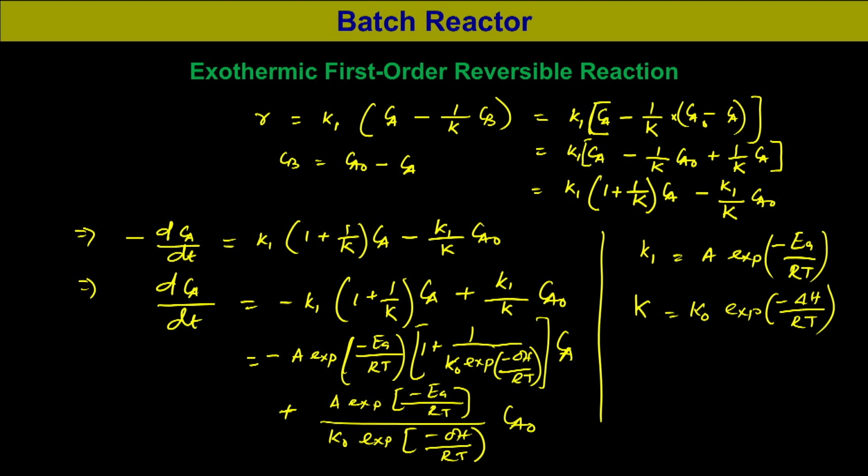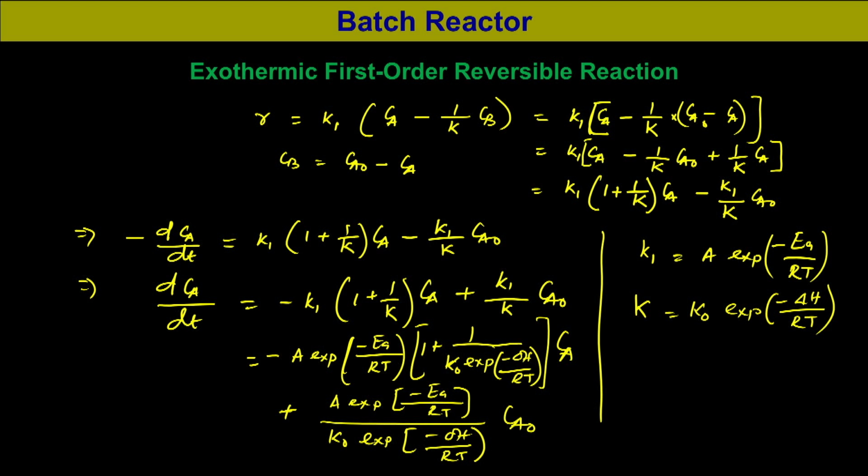So, if we substitute over here, this would be equal to A exponential minus Ea by RT into 1 plus 1 by K naught exponential minus delta H by RT into Ca.